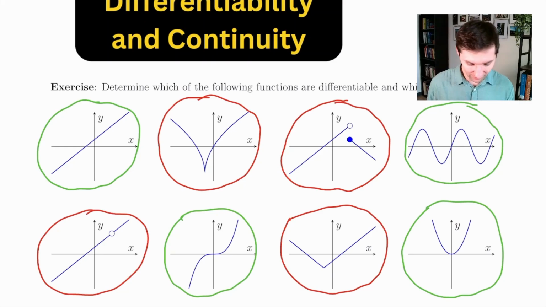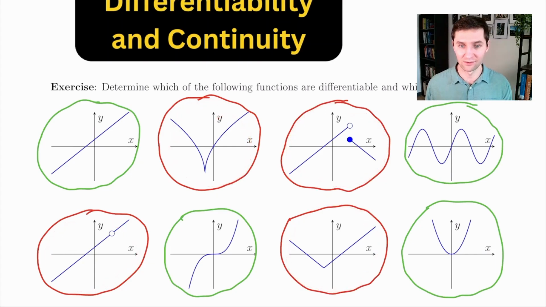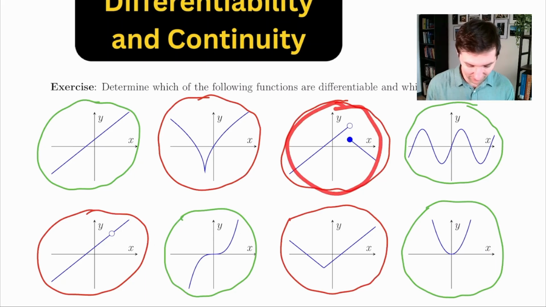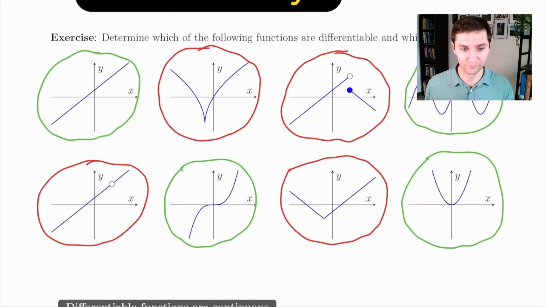Let's take a look at the red circles. There are some examples there that suggest that if a function is not continuous, then it cannot be differentiable. Notice that all the examples of discontinuous functions, which was this one and this one, were not differentiable. Mathematicians proved that this is a rule.